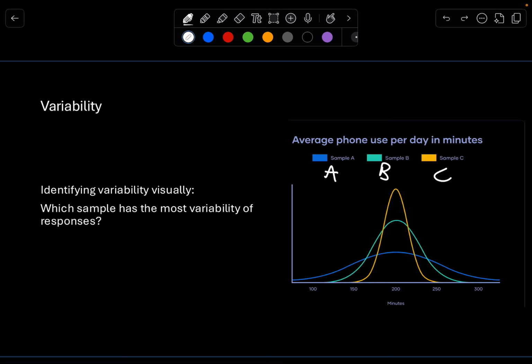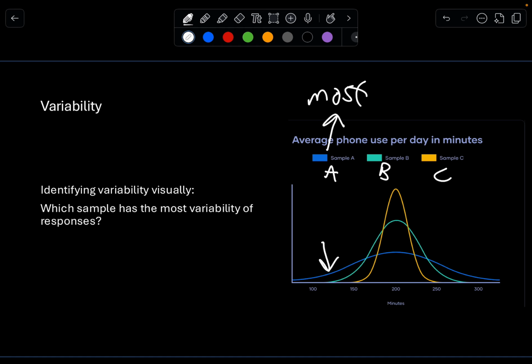So which sample has the most variability? Which sample varies the most? Well, we just look at the curve that is more extended. It is more spread out. So looking here relatively, sample A has the most variability. That's this blue curve.